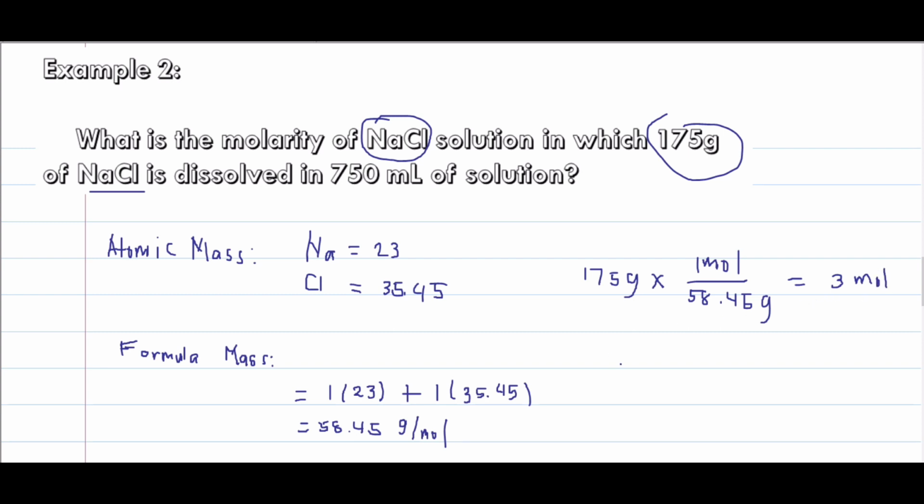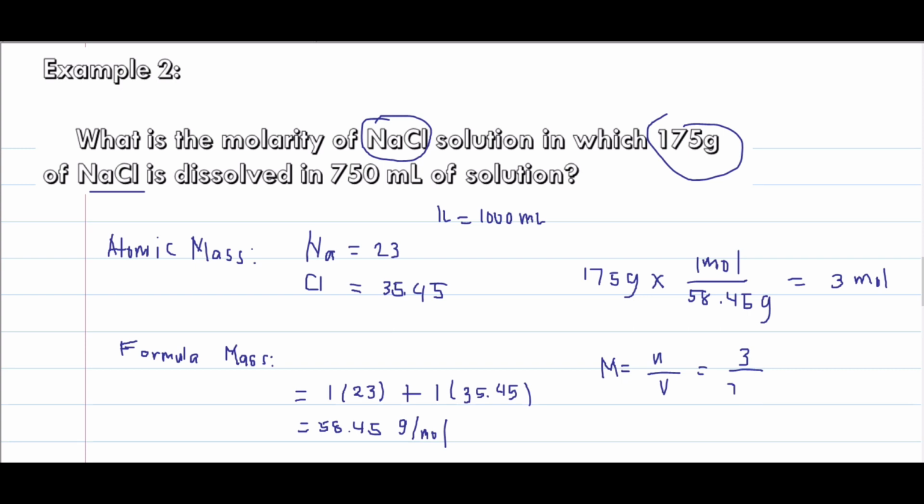Then we use the formula of molarity, M equals n over V. We have 3 moles. By the way, to convert 750 milliliters to liters, take note that 1 liter is equal to 1000 milliliters.